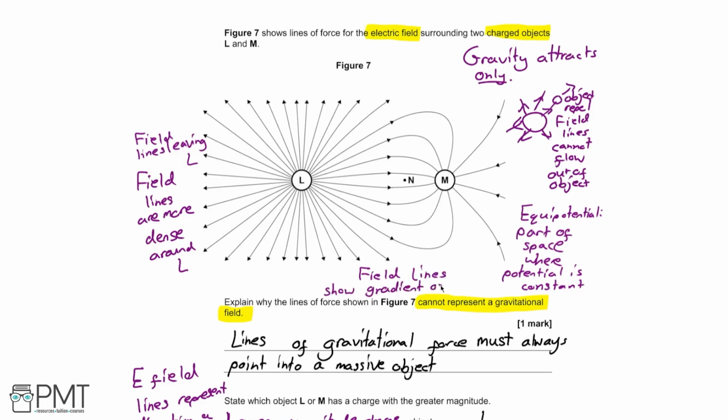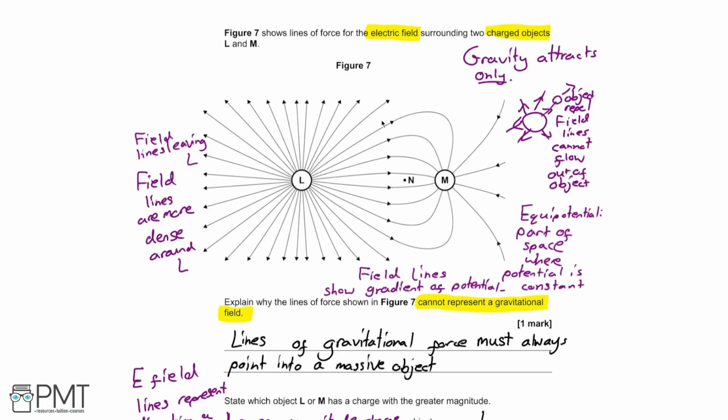So what this means then is that if I want to consider regions where the potential doesn't change, then it shouldn't change along right angles to the field lines. Because if the field lines represent the direction that the potential is changing in, if I go perpendicular to that direction, the potential must not be changing.